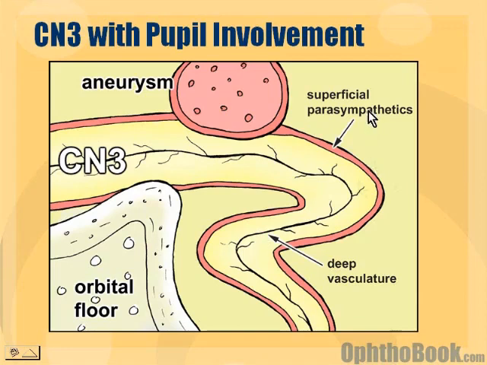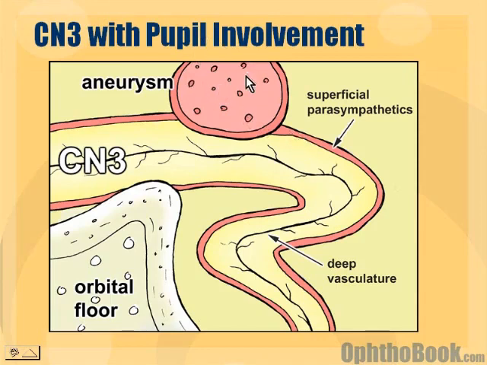However, the parasympathetics are responsible for pupil constriction. So you see a bright light, your parasympathetics kick in and it constricts your pupil. Those parasympathetics travel with the third nerve, and they have a tendency to run on the outside of the nerve, so they're very susceptible to compression.